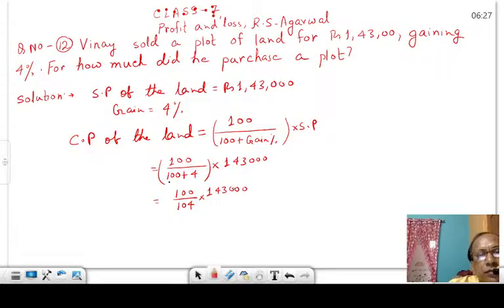1,43,000, right? Now we'll find that 100 by 104, that means you have to divide this number 1,43,000 by the number 104. First we will divide by 1, it is 104.